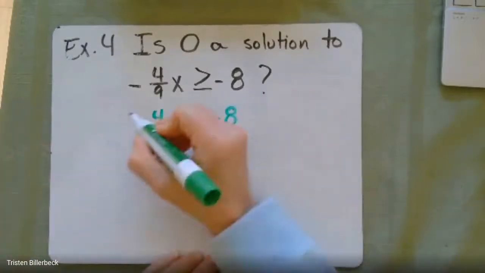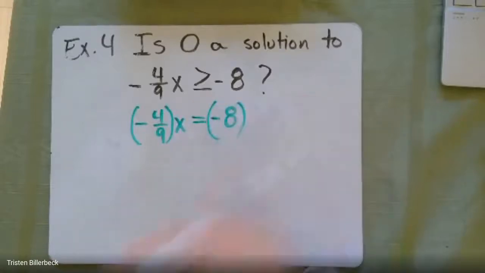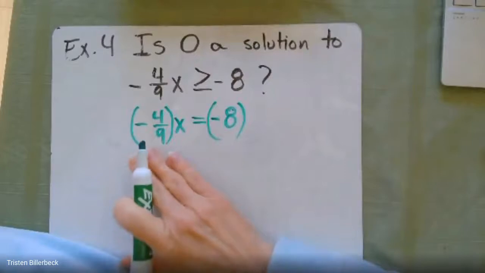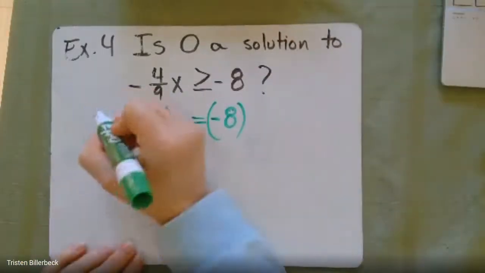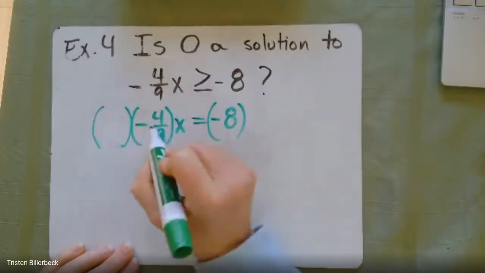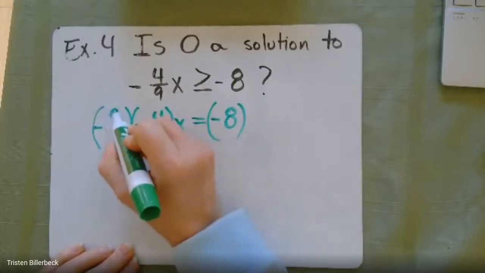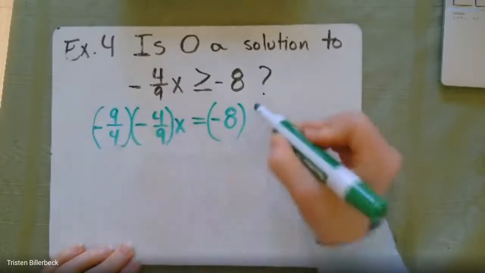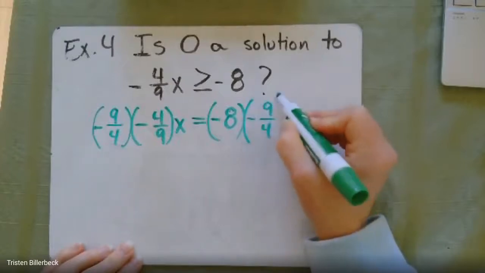Okay, so we have negative 4/9. Okay, so what do we actually do to get rid of this fraction again? It started with an R. So starts with a re. Yes, reciprocal. Okay, so we're going to use reciprocal. So we have a negative here, so we have to put a negative here, and then 9/4. So we're multiplying by a reciprocal, negative 9/4.